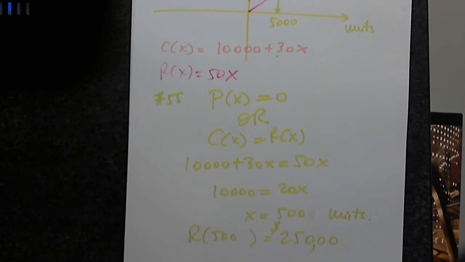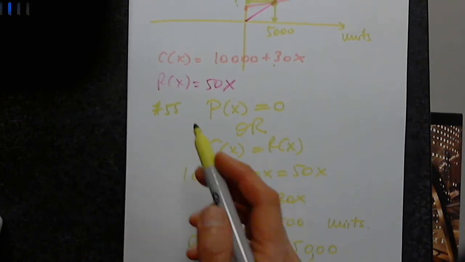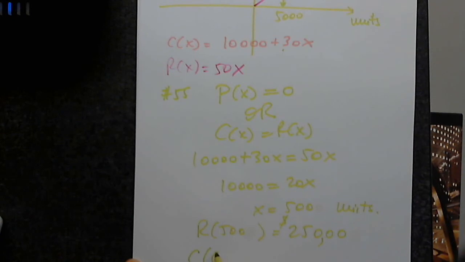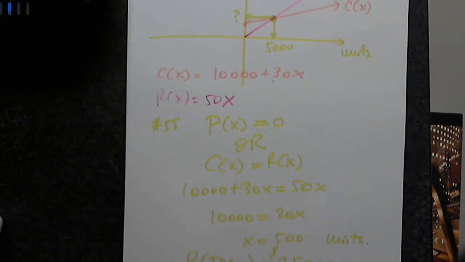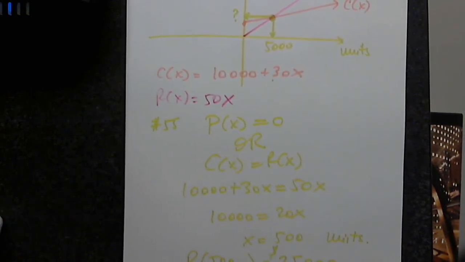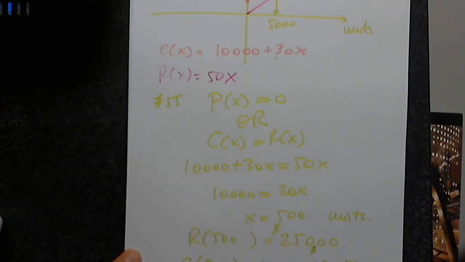So you put the 5, so 500. Yeah, very good. Now I want to show that the cost of 500 is the same thing as 25,000. So 10,000 plus 30 multiplied by 500, so that's 15,000 plus 10,000.